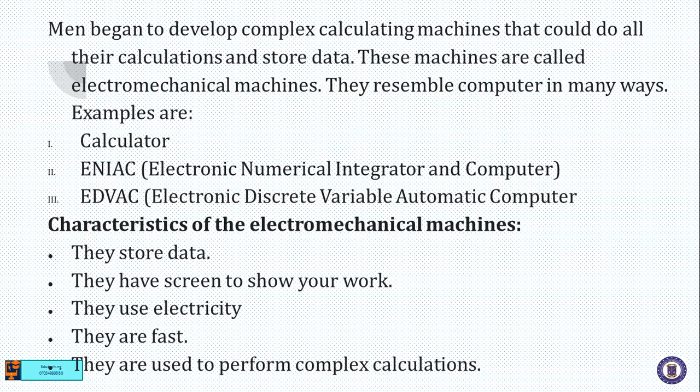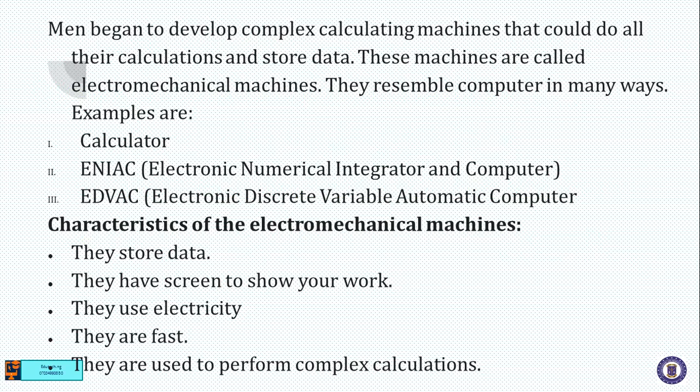The stone, yes, they keep records, and those stones will represent some items that they have. They came about abacus, and abacus actually helped them to do some calculations. But now the complex machines that were able to store data are called electromechanical machines.